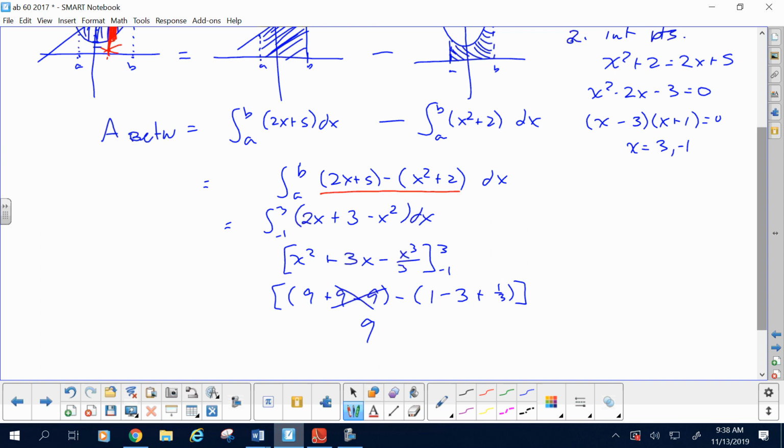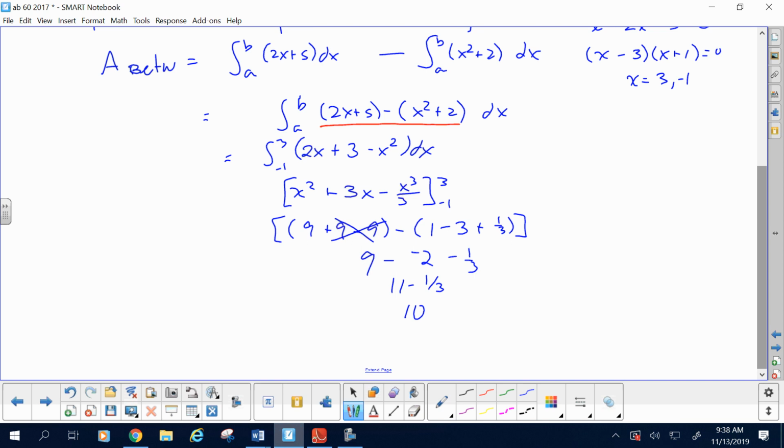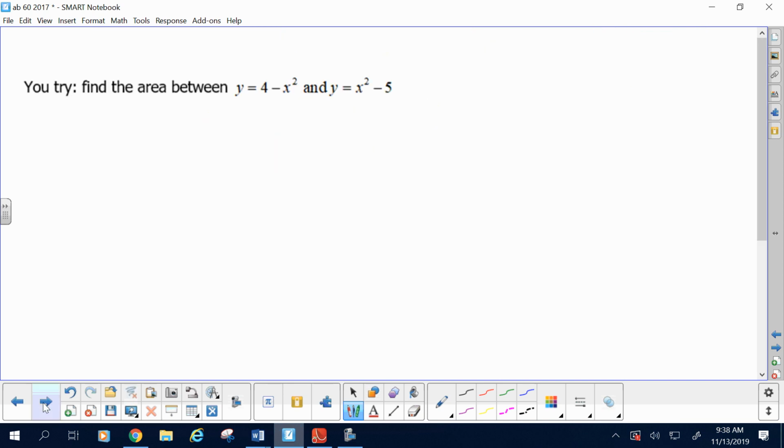This would be negative 2, but minus negative 2 minus 1/3, sorry. So I get 11 minus 1/3, and my answer is 10 2/3, or 32/3. Here's the area between. You follow me?